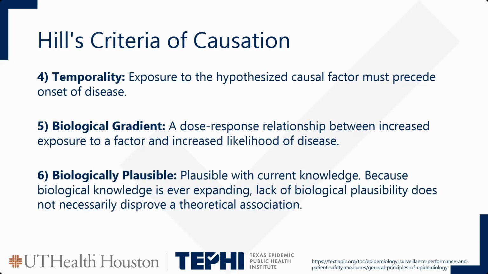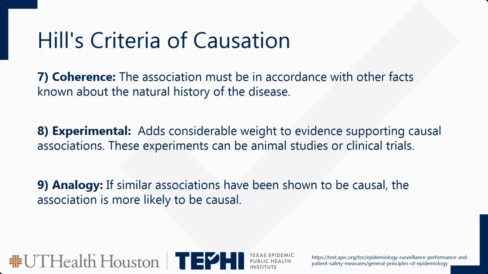Biological plausibility. For a causation to be deemed biologically plausible, there should be some logical or scientific reason behind this causation. And because biological knowledge is always expanding, the lack of biological plausibility does not necessarily disprove a theoretical association. The next criteria is coherence. The evidence of association must be consistent with other facts known about the natural history of the disease. Experimental.